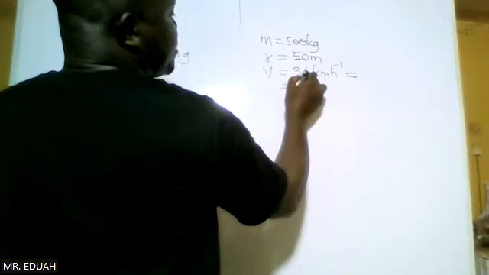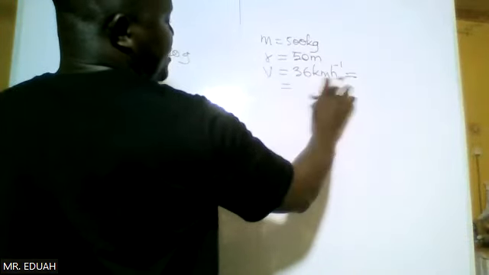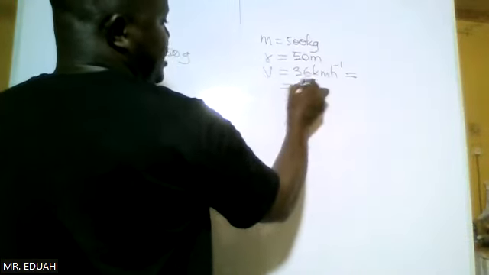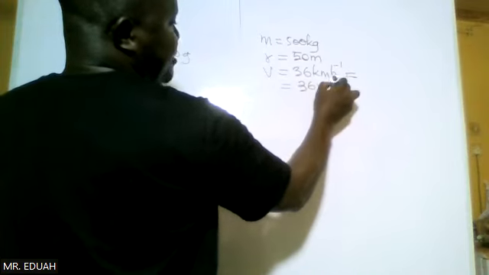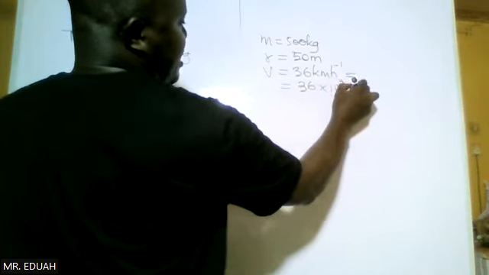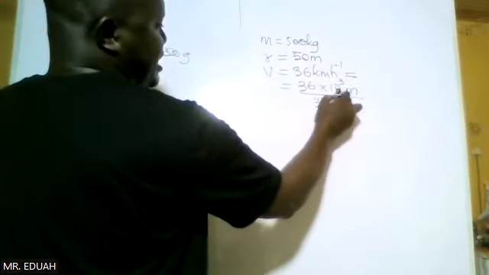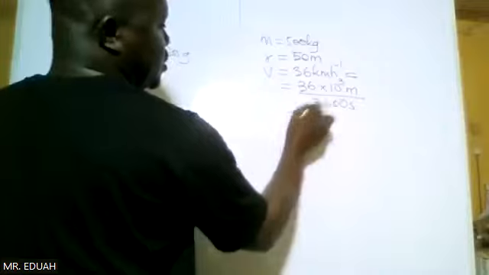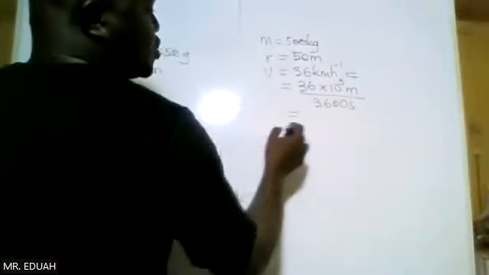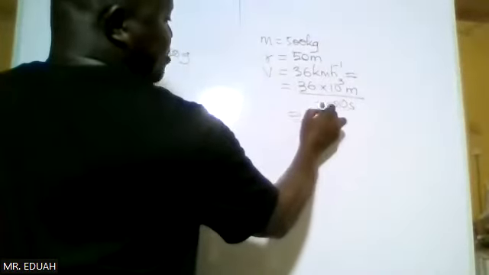So we would have to change the velocity to meter per second. So 36 times 10 to the power 3 m over 1 hour, which is 3,600 seconds. So the velocity is actually equal to 10 meter per second.